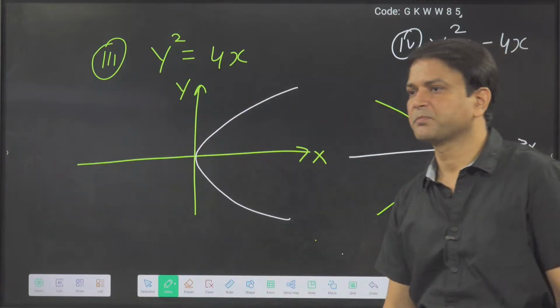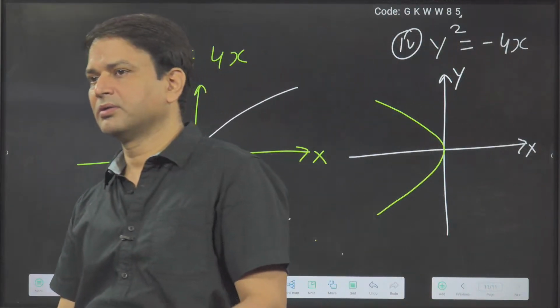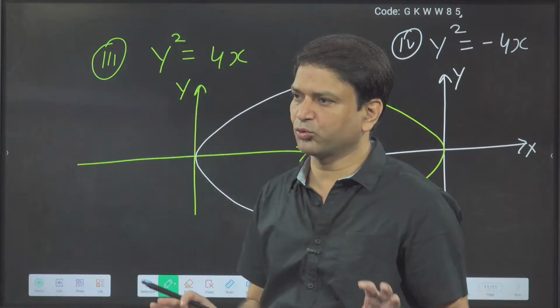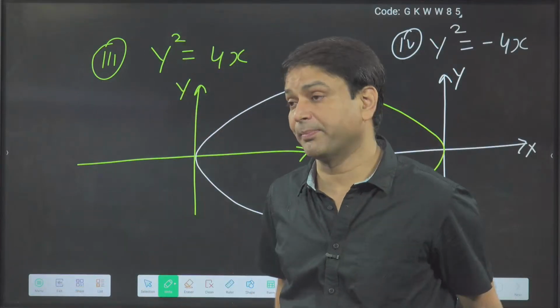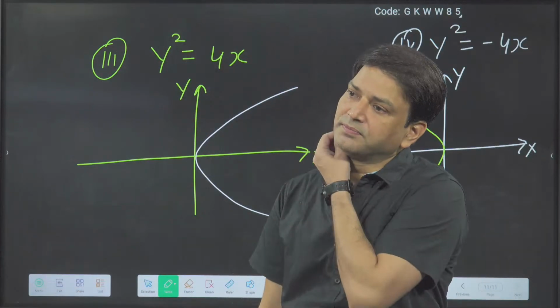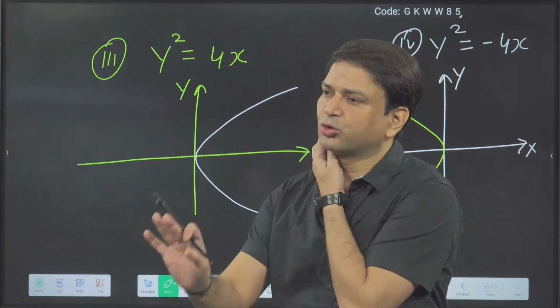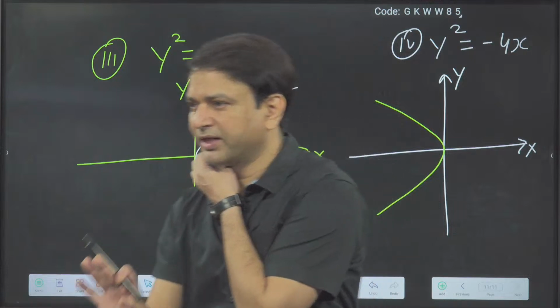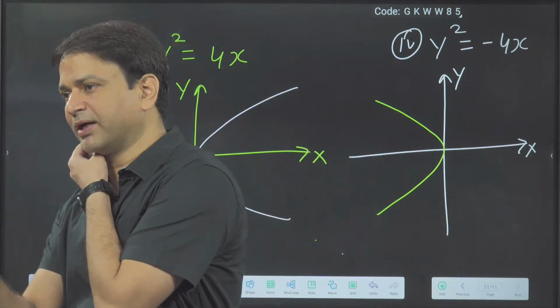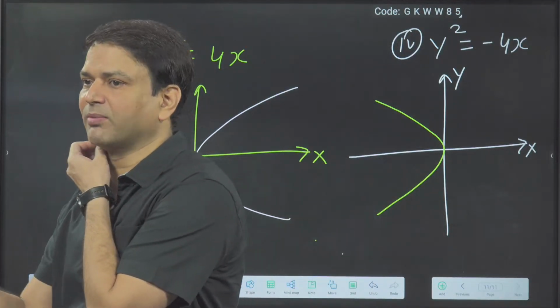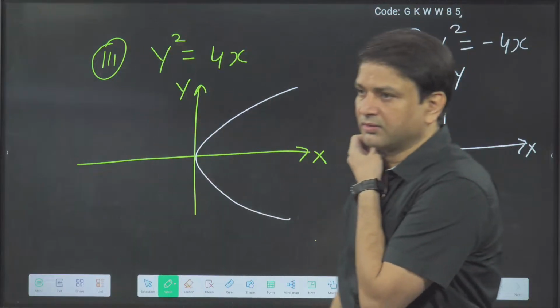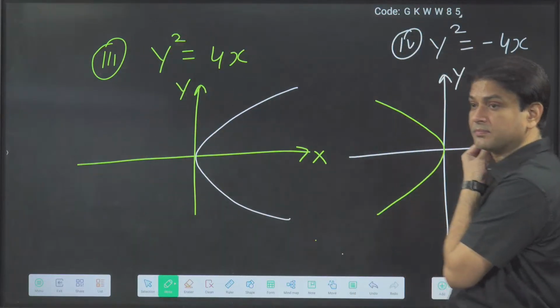These 4 parabolas mainly we have to deal with in physics, and in so many places we will get the parabolic relation. Up to these 4 parabola equations, do you know how we will plot the graph? Does anybody have confusion? X square symmetric about y, y square symmetric about x.